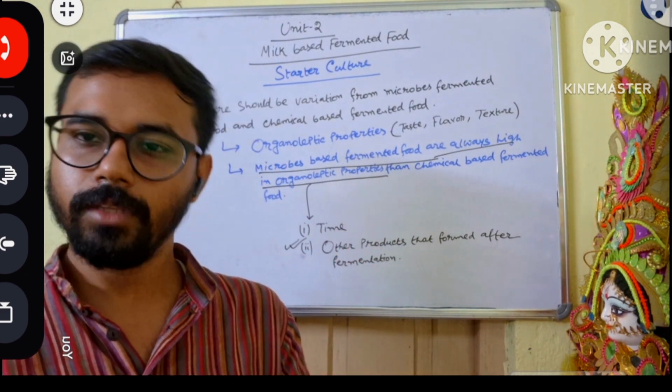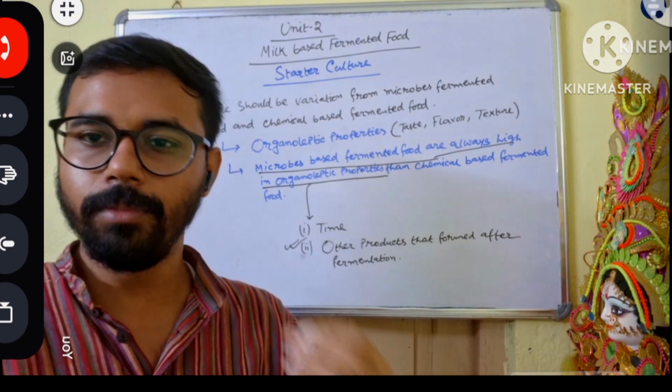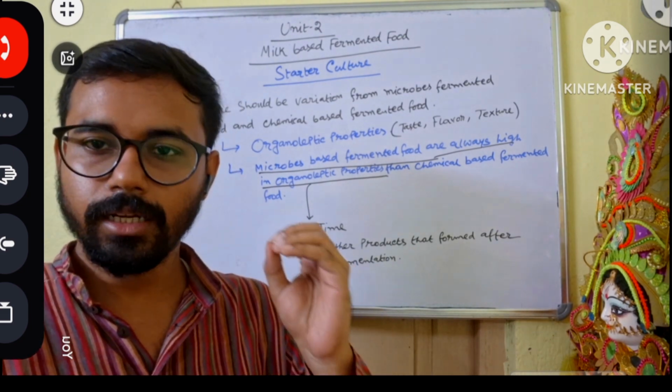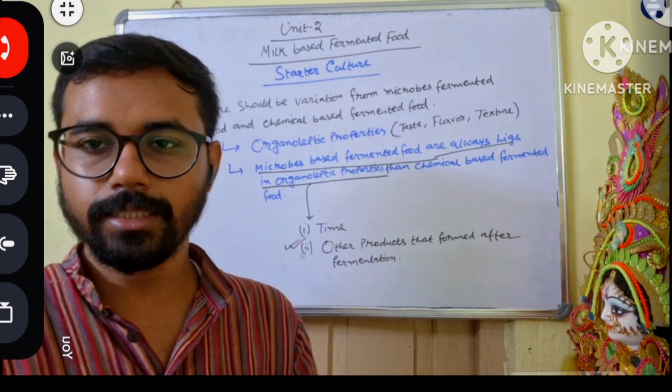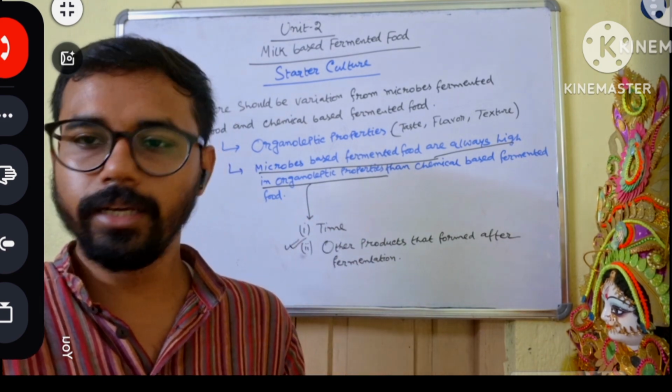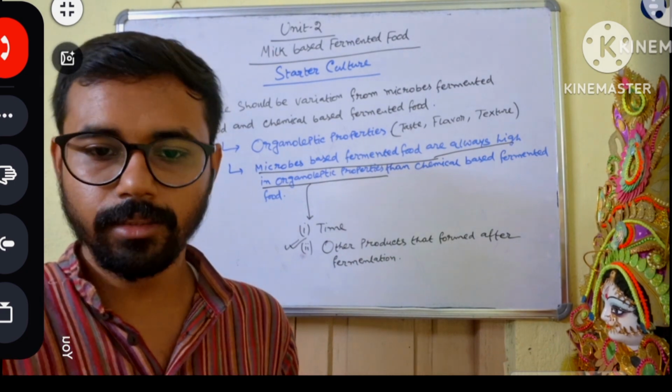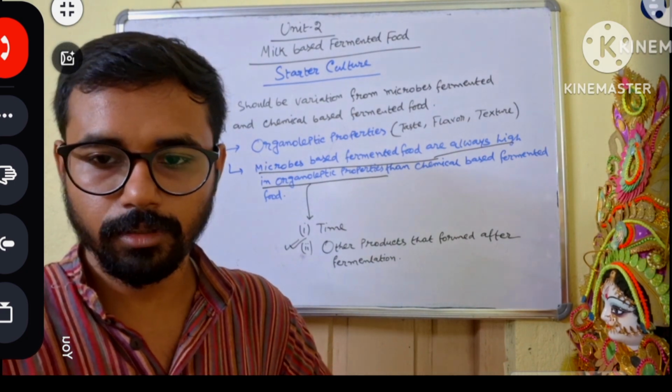Chemical-based products are a potential problem because direct acid, direct NaOH can be used. So various direct chemicals are used that create health issues, health injury.